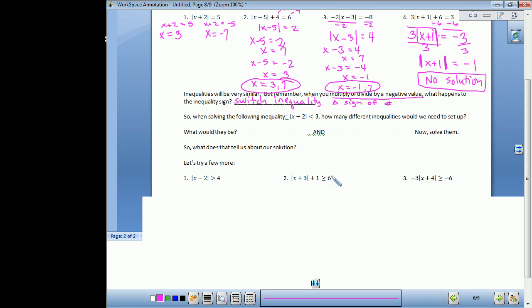So, for our first inequality, it's going to always stay exactly the same. All we're going to do is drop the absolute value symbols. For the second one, we switch the inequality to the opposite. So it goes from less than to greater than, and we change the sign of the number.